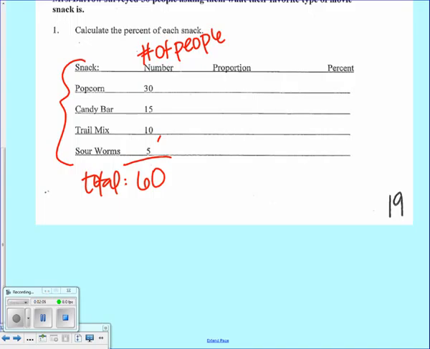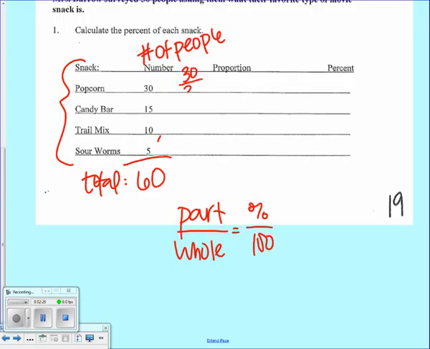Now, to set up your proportion, you're still always going to use part over whole equals percent over 100. So what is our whole? 60. So for the first one, if I set up a proportion, 30 is my part, 60 is my total, equals x over 100, because we're trying to find the percent.